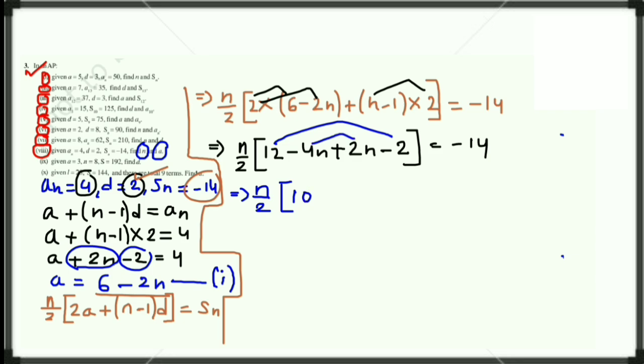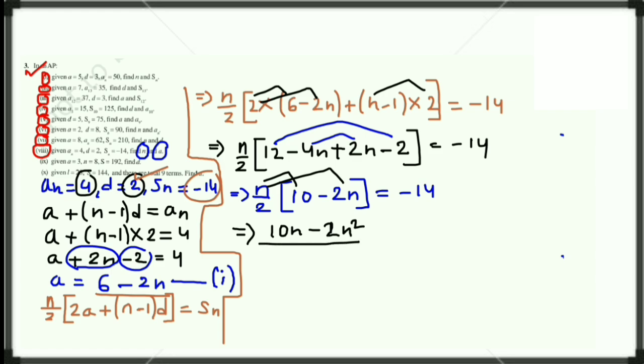After subtracting we obtain minus 2n. Again n into 10, 10n plus into minus n into 2n, 2n square, and here 2 ones are 2 equal to minus 14.